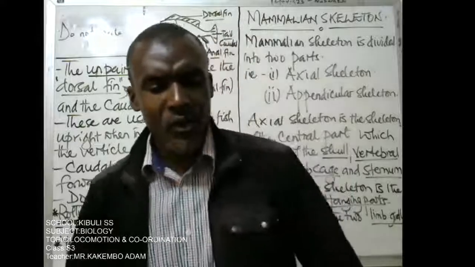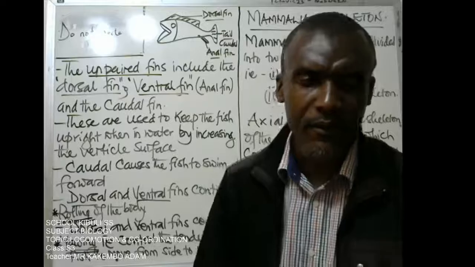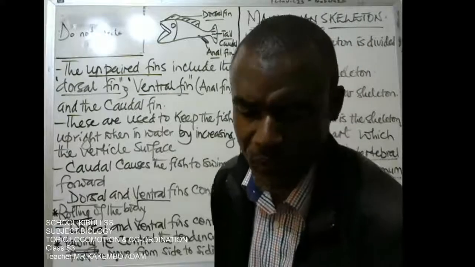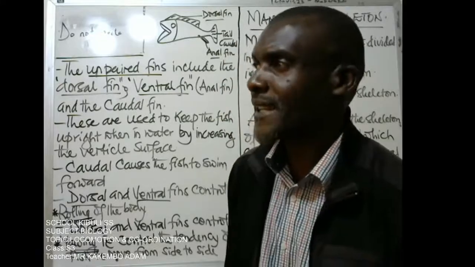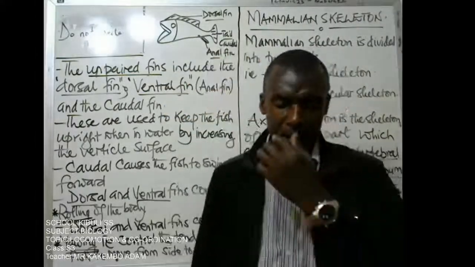We all have the drawing of the structure of the mammalian skeleton, the human skeleton. It's very important to master the parts and the position of those bones along the human skeleton.